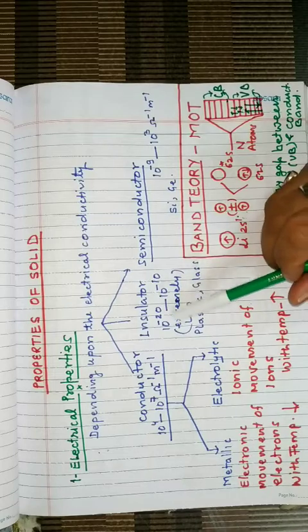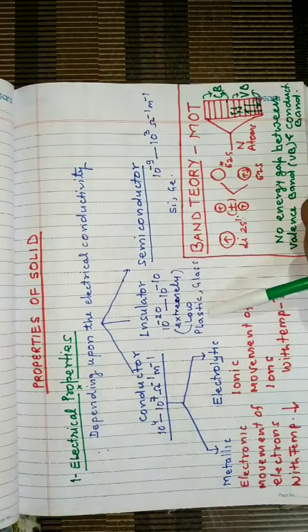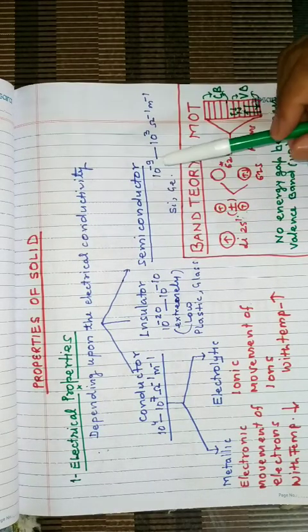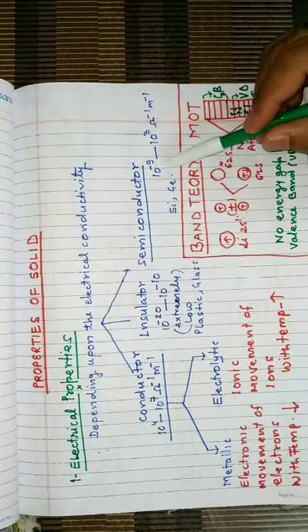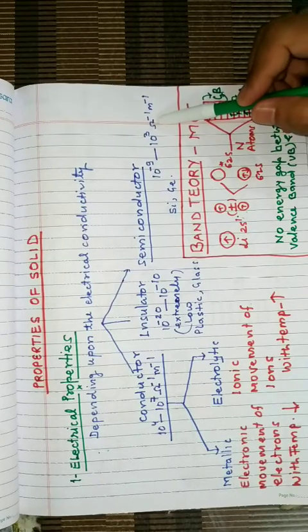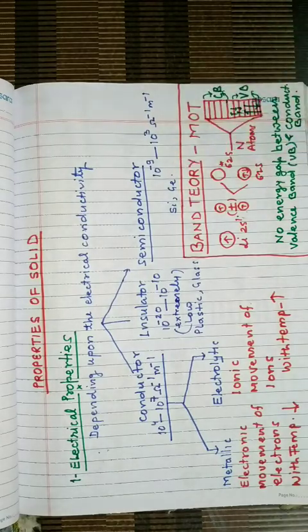Its value is 10 to power minus 20 to 10 to power minus 10, as in plastic and glass. In case of semiconductors, the conductivity ranges from 10 to power minus 9 to 10 to power 3 ohm inverse meter inverse, as in silicon and germanium.